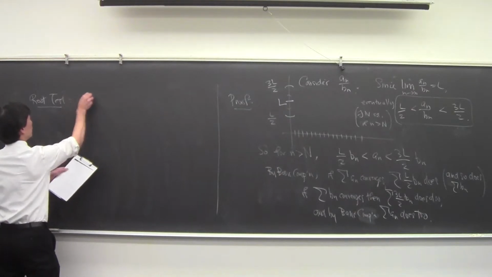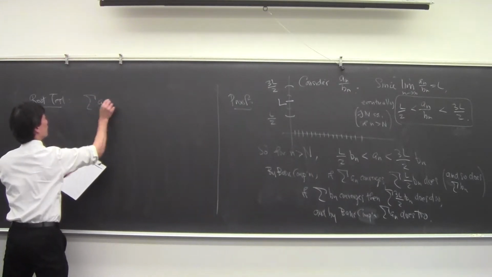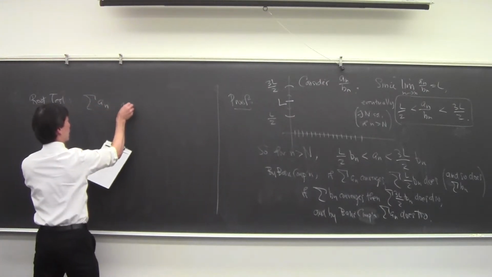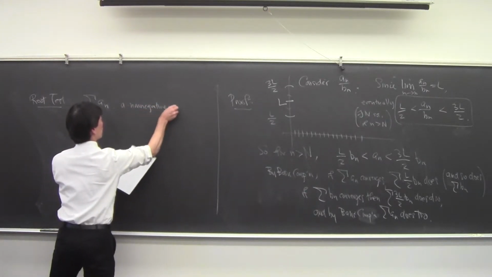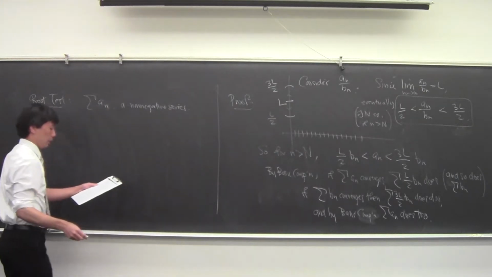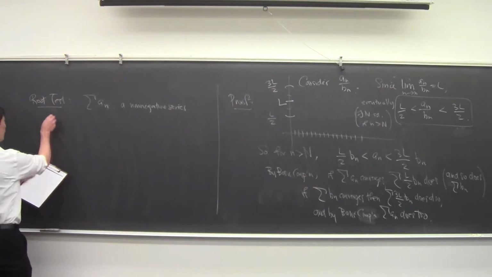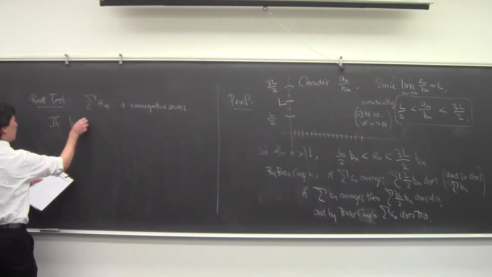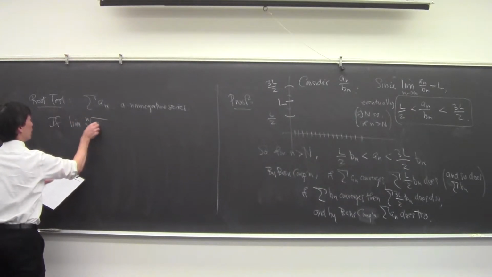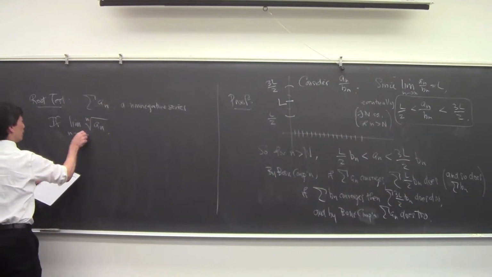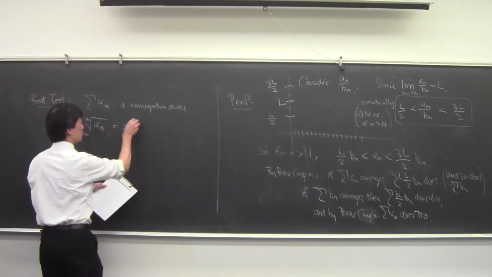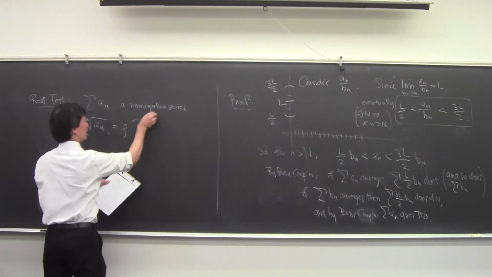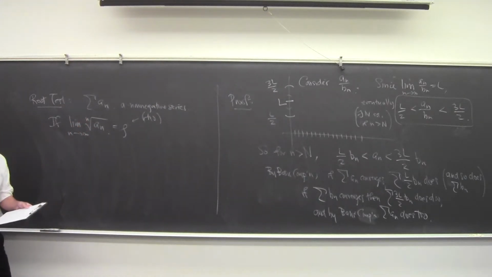So here it is. You have the summation of a sub n, a non-negative series, and the limit of the nth root of a sub n is some number, rho. This is the Greek letter rho. I know it looks like a P, but it's not a P.